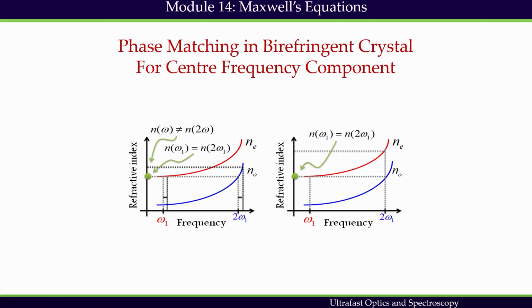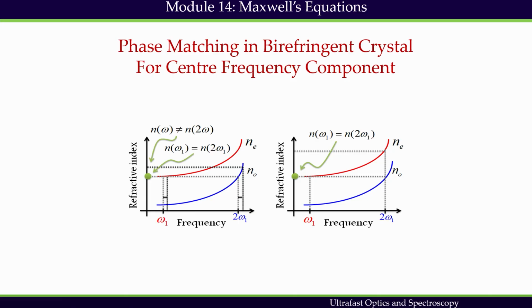In the birefringent crystal, we have ordinary and extraordinary beams, and one beam polarization can be in phase with the emitted beam by the other field, and that is the basic idea how we achieve phase matching in birefringent crystal. In birefringent crystal, when light propagates, it is decomposed into two beams with mutually orthogonal polarizations.